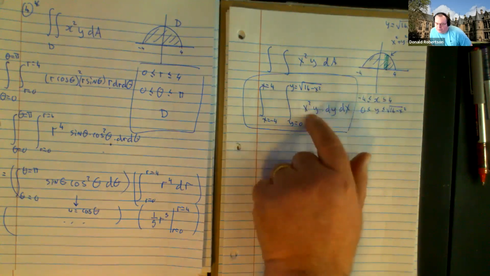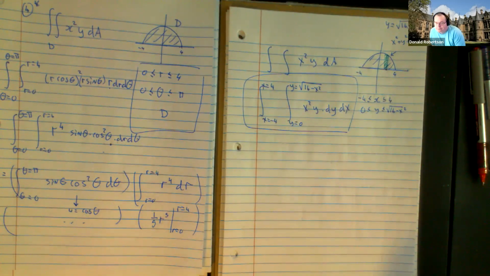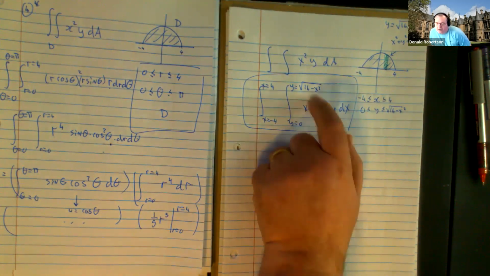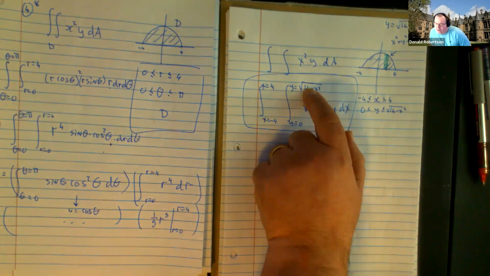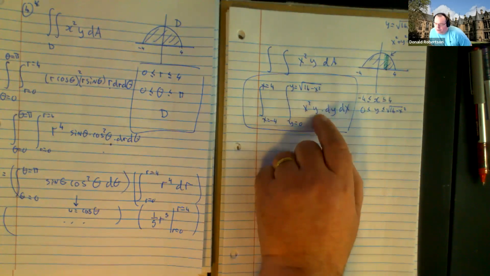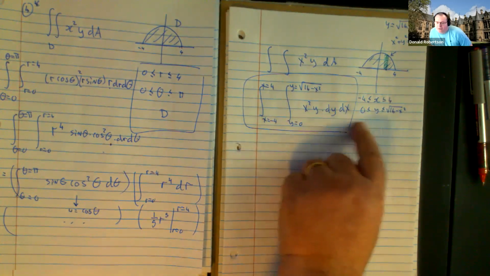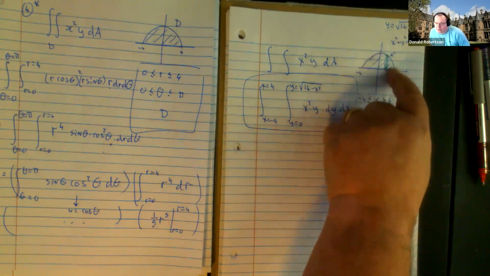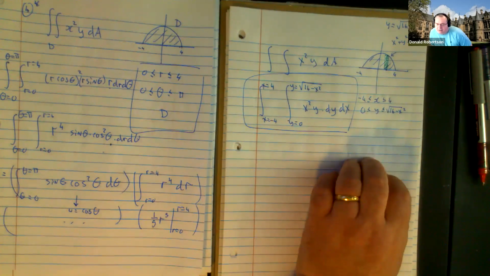Would you agree those square roots don't look nice? In this case, it came out better than it could. But if that was a y cubed or a y squared or something, this would become really, really unmanageable, wouldn't it? Quite quickly.